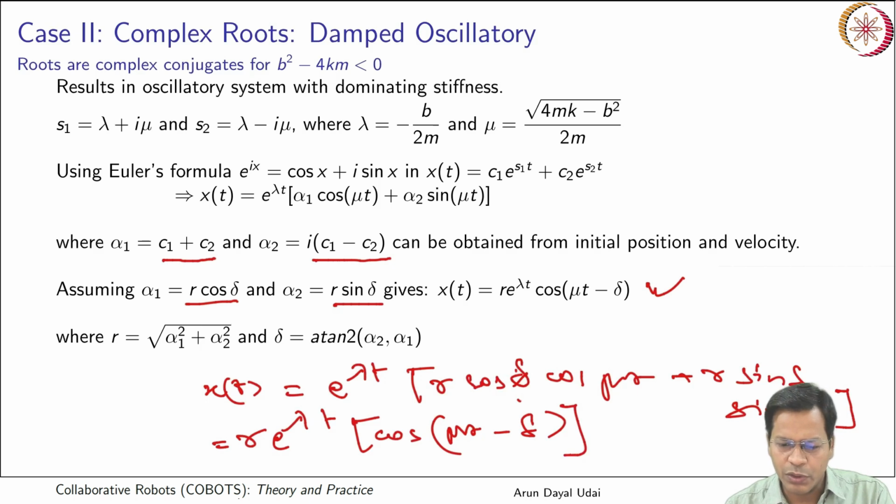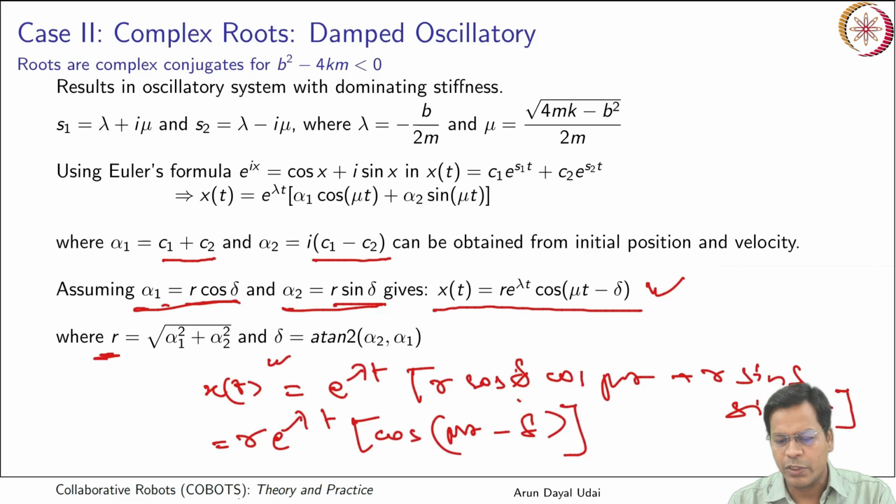So your system behavior will now be given by this. This is the time domain solution. If you square and add the substitution you made here, squaring and adding gives alpha 1 squared plus alpha 2 squared, square root of which becomes r. Dividing alpha 2 by alpha 1 you get delta equal to tan inverse of alpha 2 by alpha 1.